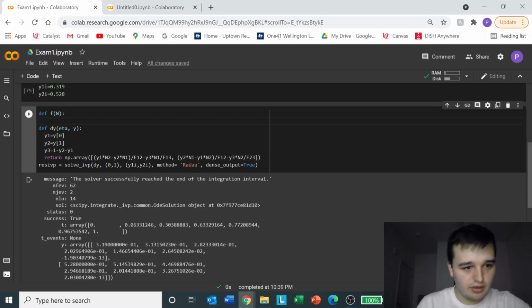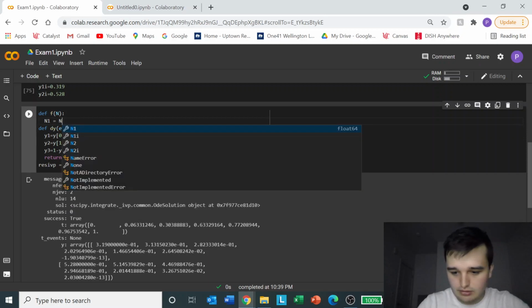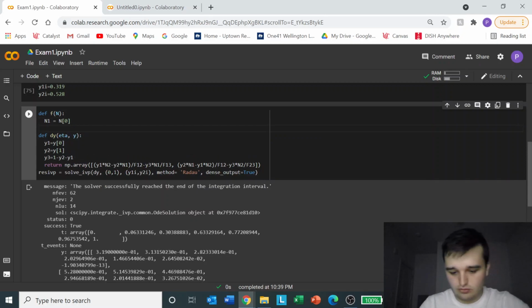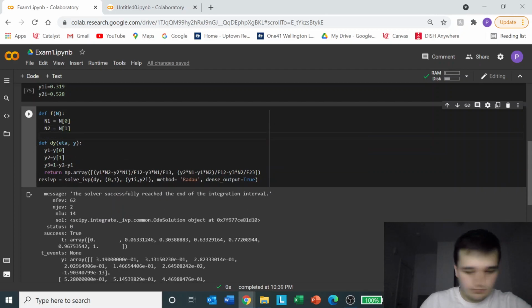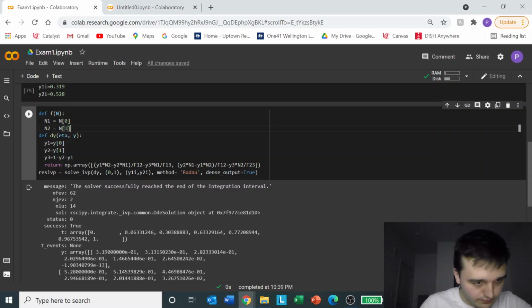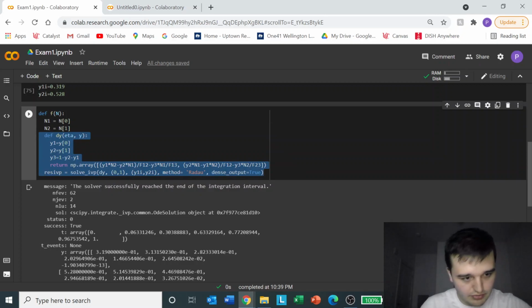Again, we're making an array, and we want to make sure that n1 is equal to n, again, 0, because the indexing is super fun. And then n2 similarly is, in this case, the second element, or n1 of the array. So this all needs tabbed.